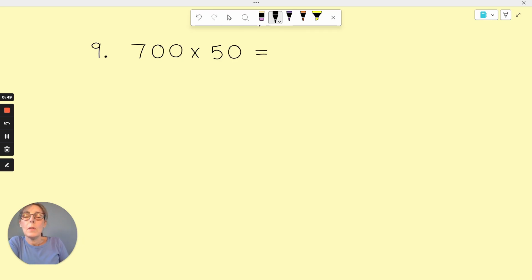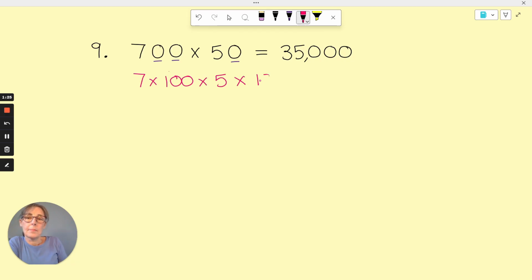So the same way we did grid method, we have 3 zeros. So we have 1, 2, 3, and we do 1, 2, 3, and then we do 7 lots of 5. 7 times 5 is 35, so it's 35,000.